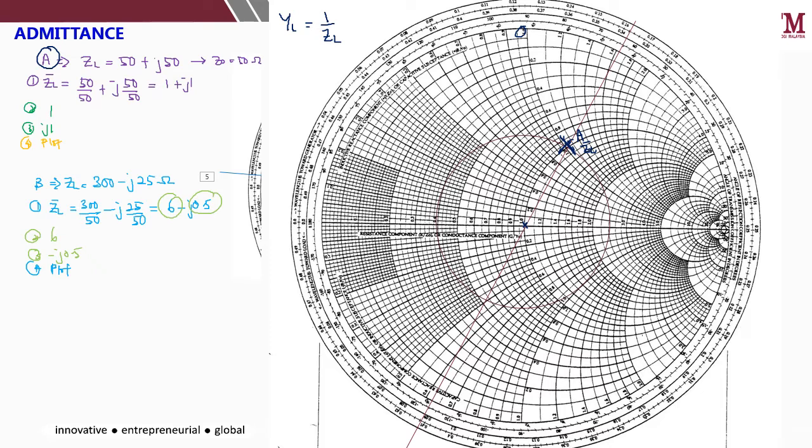In the opposite position, you'll get your admittance, so YA. From the admittance, as usual, you can get the real value and also the imaginary part of it.